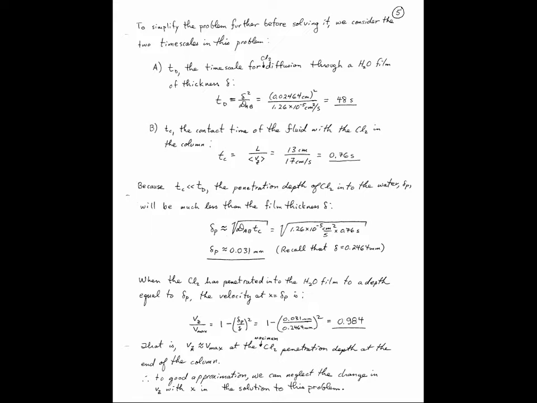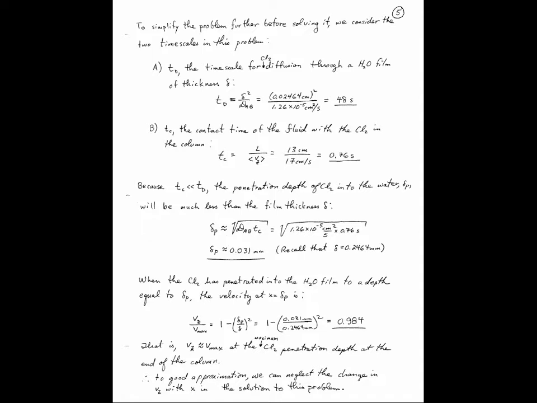And that leads to an important simplification. We can ask what is the velocity that the chlorine that has penetrated furthest into this layer sees? And it's 98.4% of the maximum velocity.